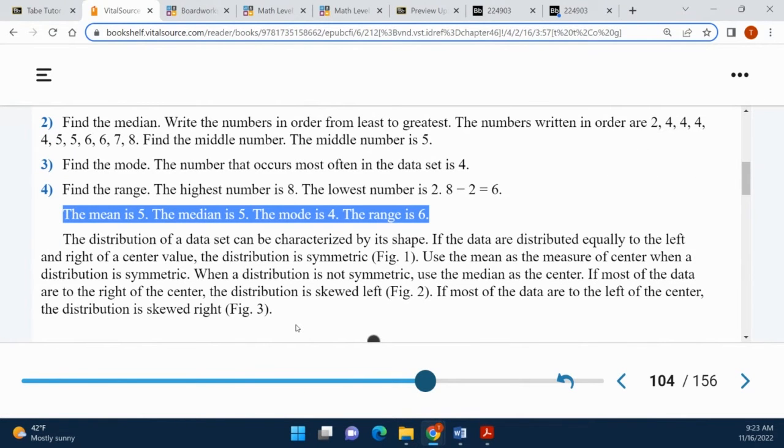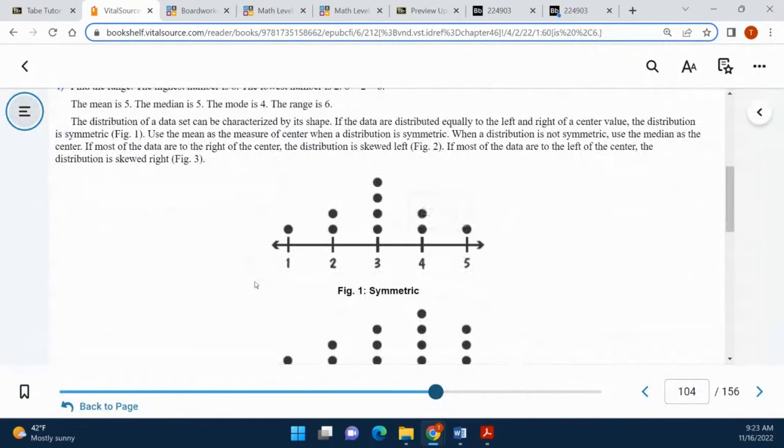Use the median as the center. If most of the data are to the right of the center, the distribution is skewed left. If most of the data are to the left of the center, this distribution is skewed right. So here is the symmetric. That's what we just talked about, where the data is distributed equally to the left and to the right, and you can fold it in half, and it should be equal on both sides.